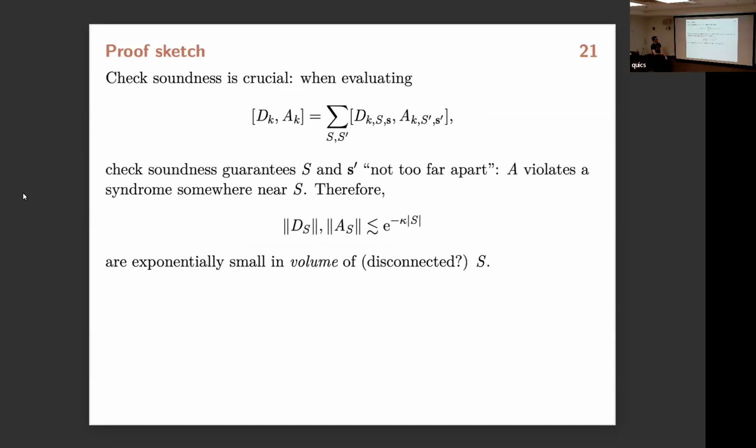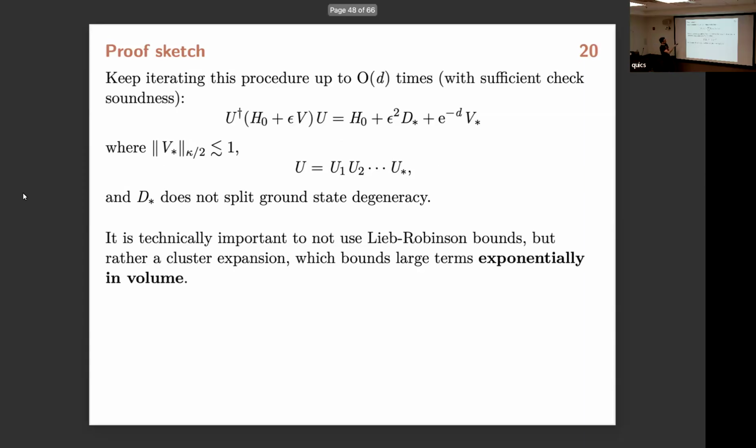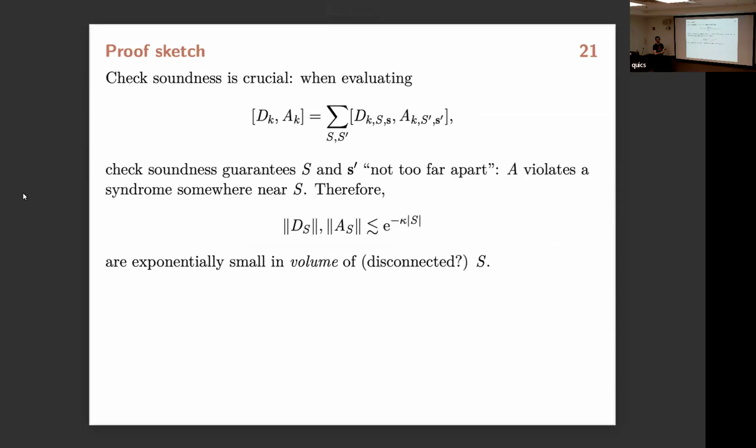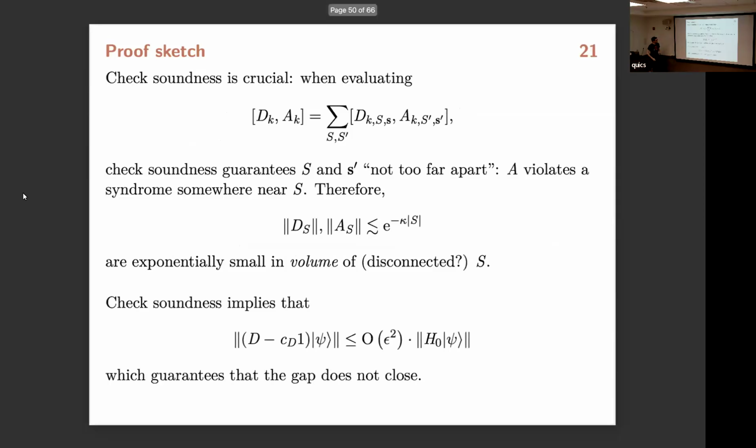Where does check soundness enter this proof? It basically enters in two places. So first, as a technical remark, check soundness is useful to control the convergence of the series, which is most dangerous because at every order in perturbation theory, we have to rotate this D. And check soundness just tells us that there aren't so many terms that we need to worry about.